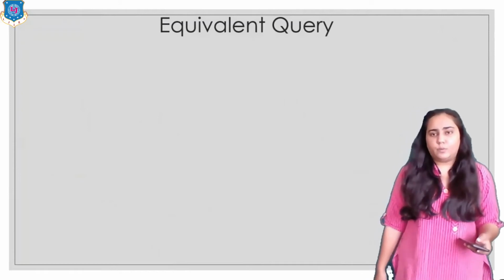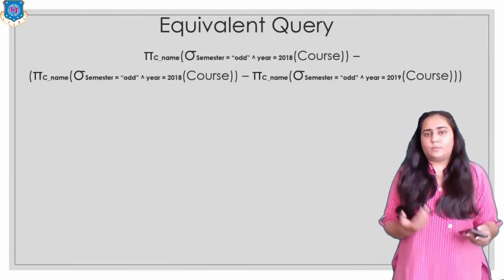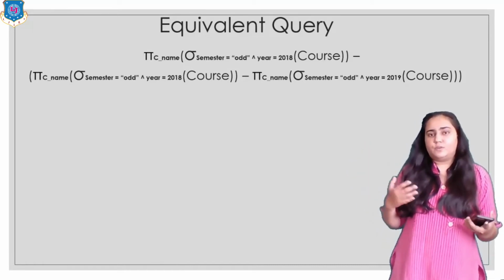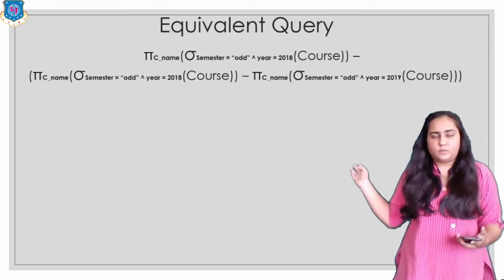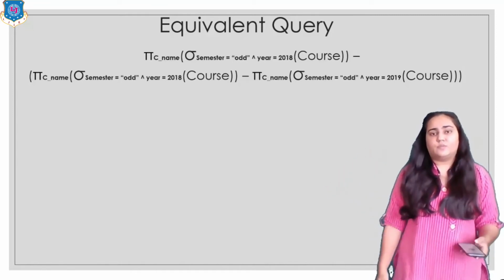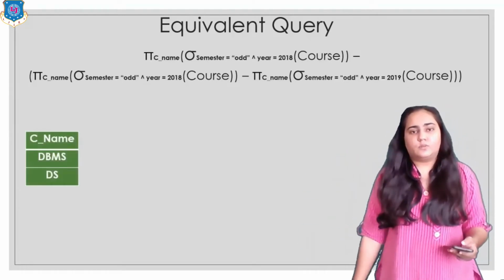You can write an equivalent query to this by doing the same thing with minus. But when you do the set difference, you can see I have to repeat the query 3 times with different conditions. And this increases the size of my query as opposed to the previous one. But let's see how this is working.